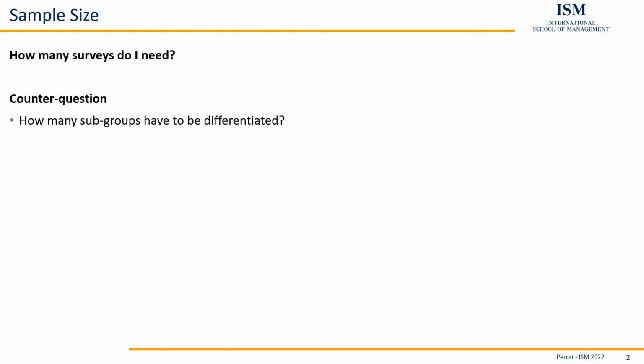Why is this important? Because we have a minimum number, but this minimum number applies not only to the sample as a whole, but to each subgroup on its own. So if you only consider differences between men and women, you have two subgroups. So you could work with 30 to 50 people per subgroup.